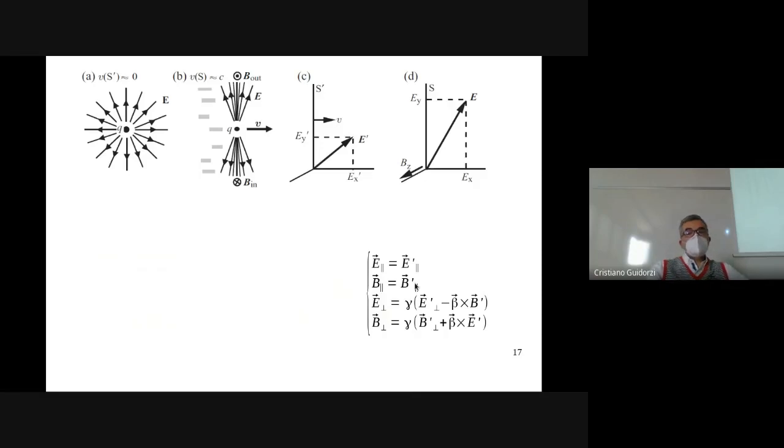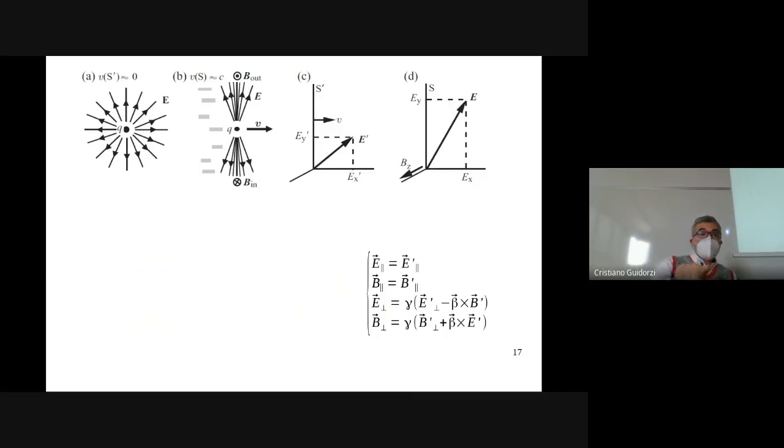And how can I do that? Well, the trick is always the same. Change sign of beta. You swap the unprimed quantities with the primed quantities at the price of just changing sign of beta, because moving from the primed system to the unprimed system is like making a Lorentz transformation with minus v. So if you compare the two, I just changed sign of beta, and of course swapped the primed and unprimed quantities.